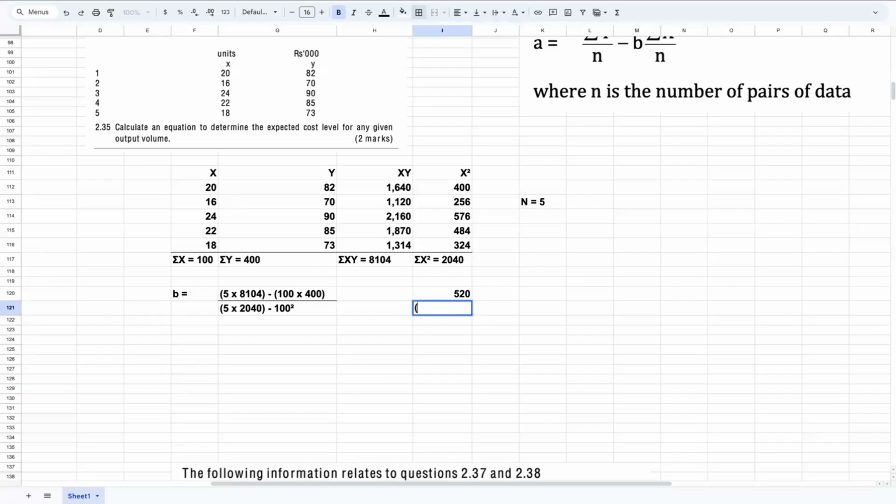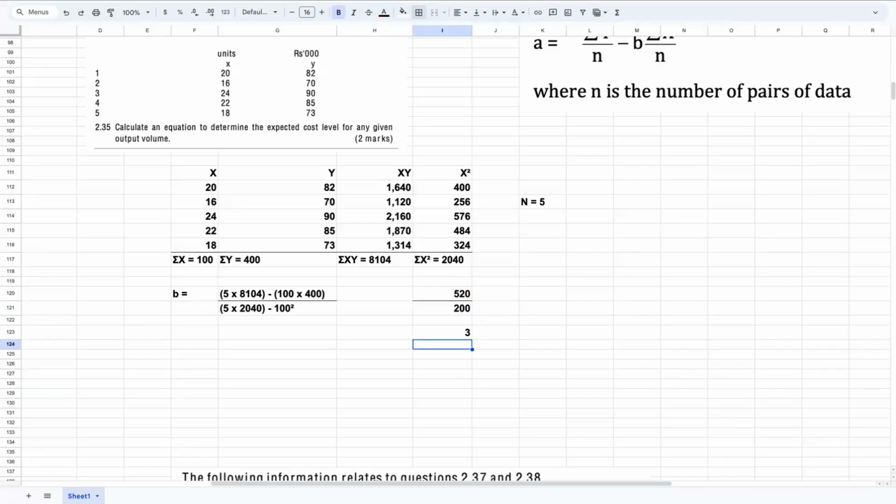Then 5 into 2040, and take away 100 to the power 2, you can get 200 as a number, right? So then 520 divided by 200, we have to go for 2 decimals. So 2.6. So the 2.6 is the value of B.